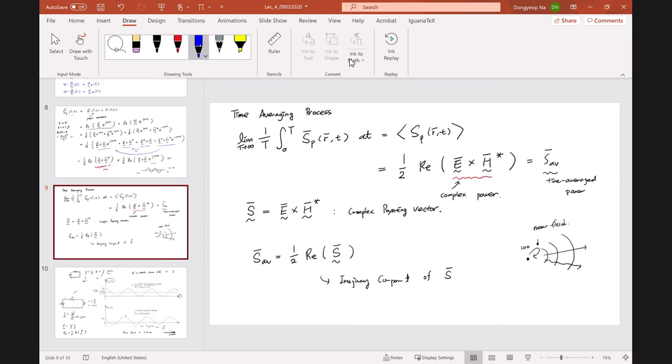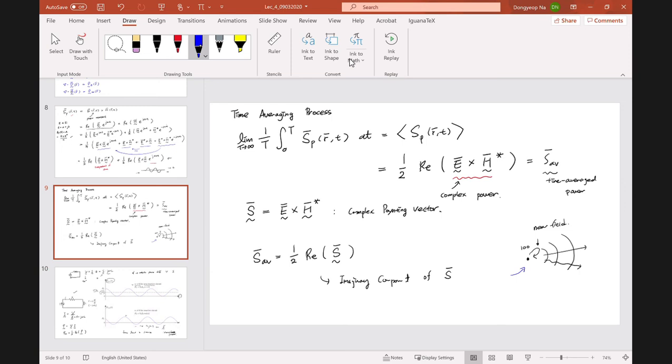Again, that can be seen in this example, the radiating situation. The field is generated from this point source, but it's not going to radiate.